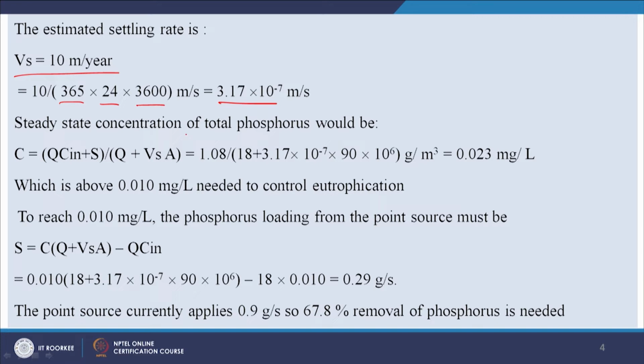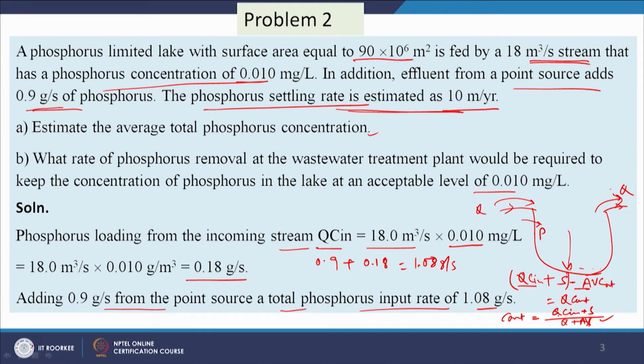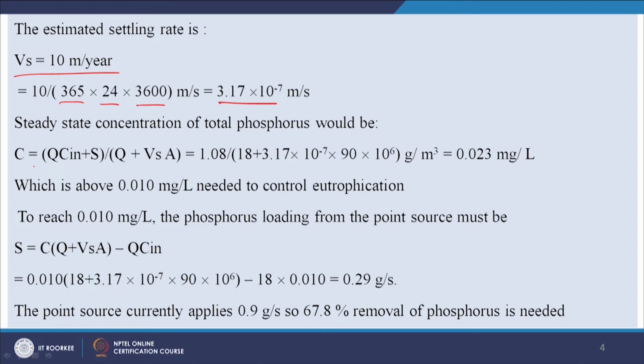So, what would be the steady state concentration of the total phosphorus? We have just seen, that is equal to C equal to (Q C in plus S) divided by (Q plus A V S). So, here by this formula we are getting C, this C means C out, and the concentration of phosphorus in the lake we consider the same.